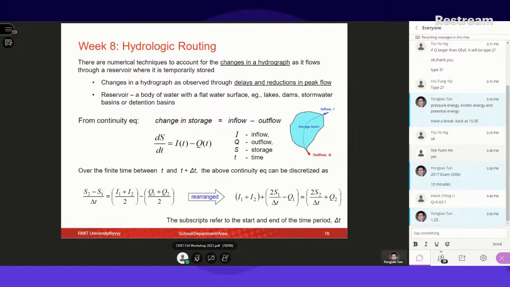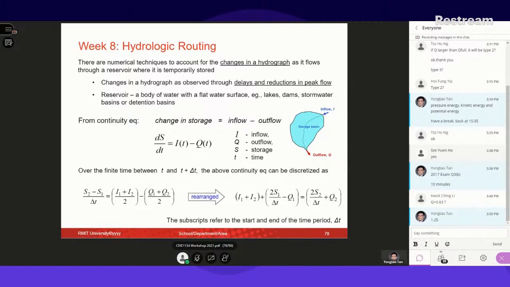So dS over dt is the change in the storage, and it is equal to It minus Qt. It is the inflow, Qt is the outflow. Over the time between t and t plus delta t, the above continuity equation can be written as the following.